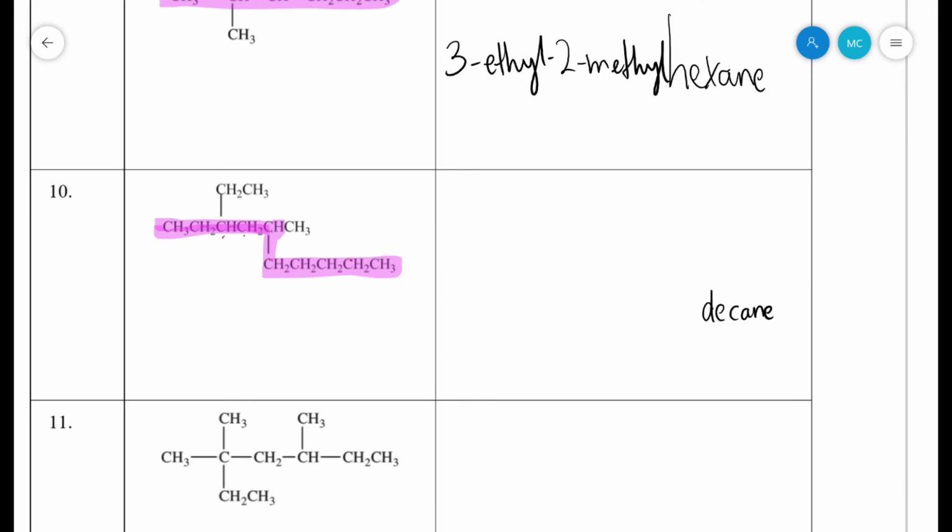And then the way you number it, it would start from left to right. So 1, 2, 3, 4, 5, 6, 7, 8, 9, 10. So on carbon number 3, you have an ethyl. And on carbon number 5, you have a methyl. So 3-ethyl-5-methyl.